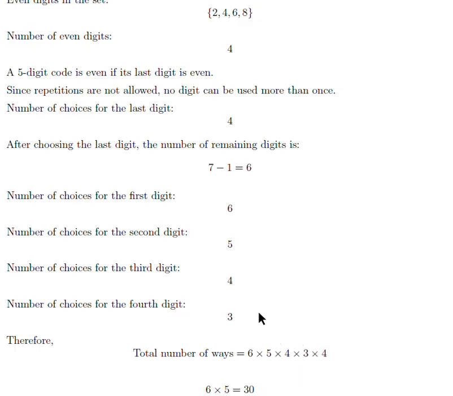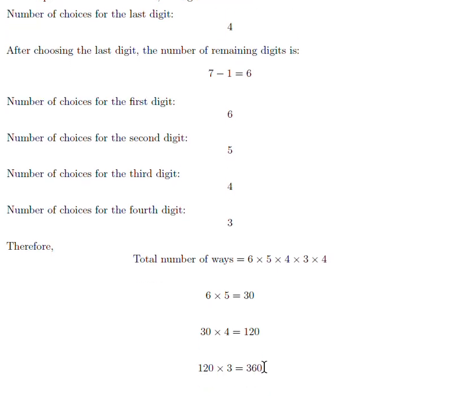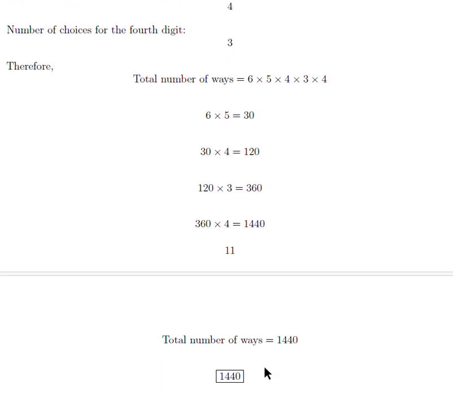Because there is no repetition. That's why whenever we pick, one position is gone, we subtract it from the total number of choices that we can pick a digit from to shuffle. And so when we do this multiplication, we have 1440 ways of running that shuffle.